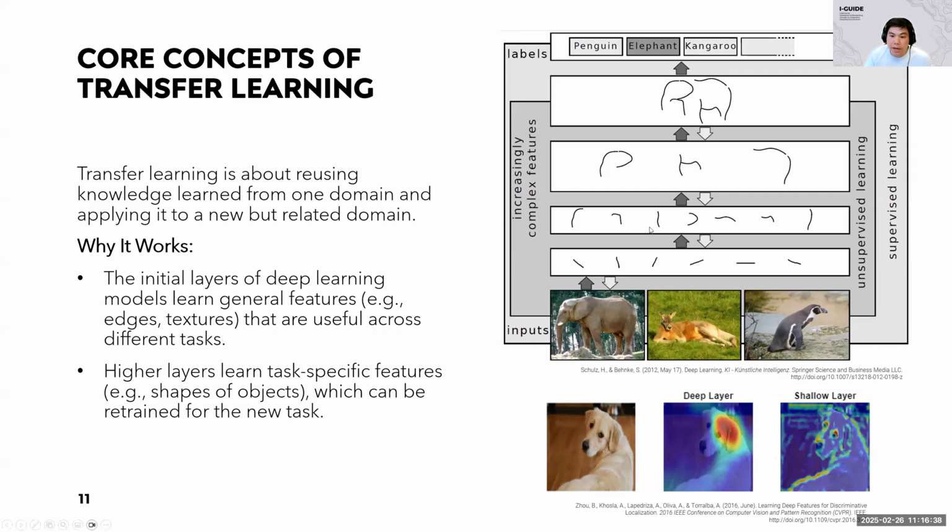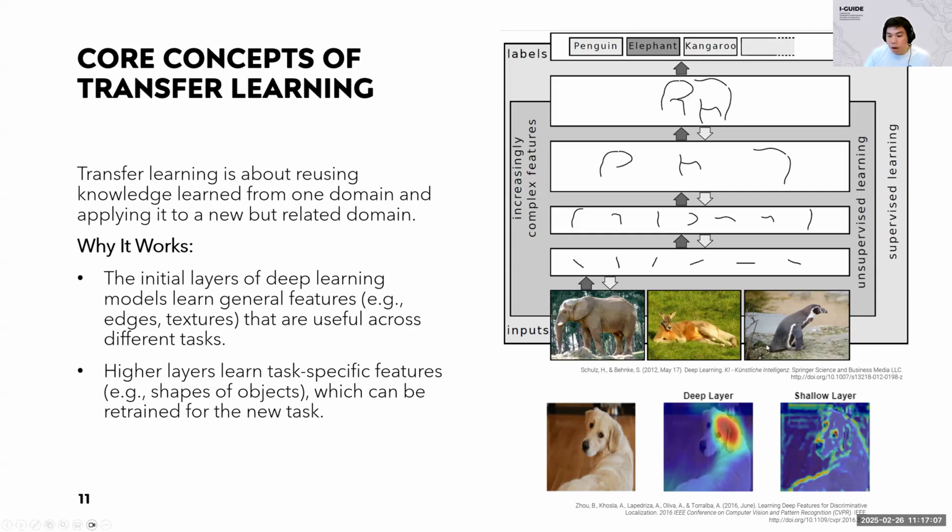And then it combines those edges and curves into some parts. And then closer to the output, whether it's an elephant or another kind of animal, it combines those features into the outline of the elephant. So as you can see, the closer to the output, the more specific to the task or the identification of the object that you need.